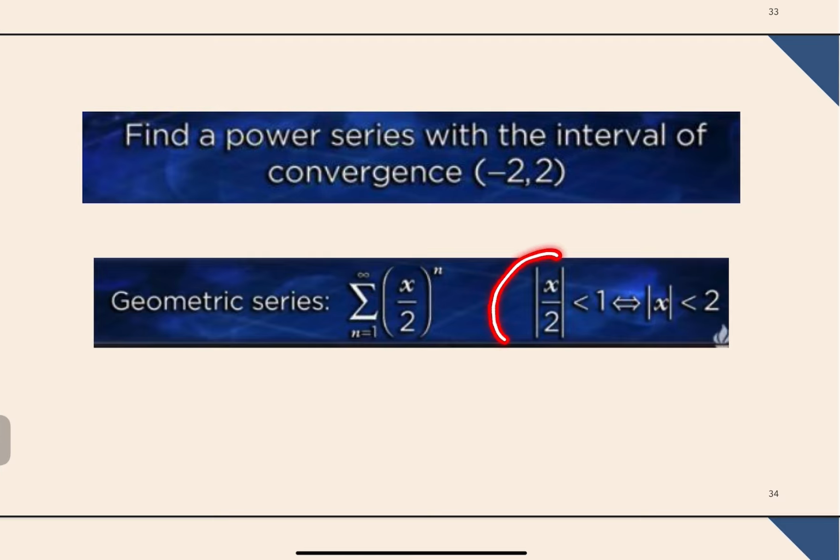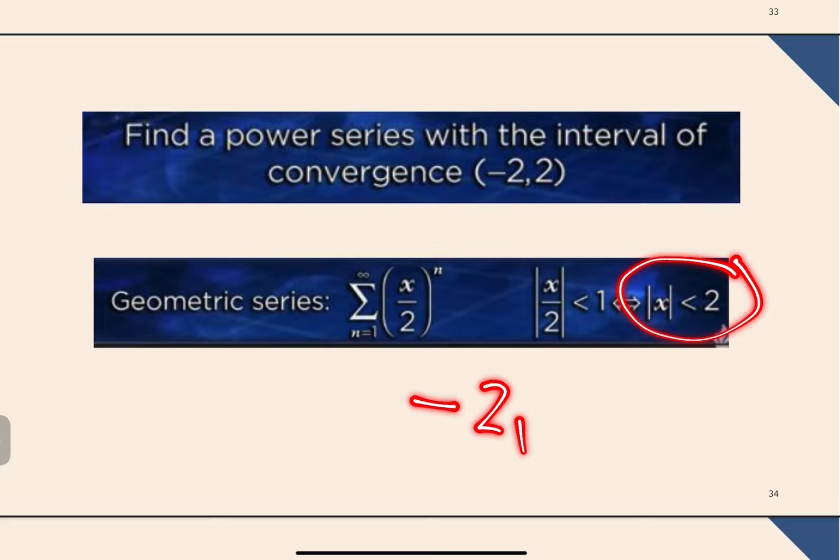So from our theorem, the r value here is x over 2, and the absolute value of x over 2 has to be less than 1. So x over 2 less than 1 in absolute value means that the absolute value of x is less than 2. So the interval of convergence is from -2 up to 2, and it's an open interval.